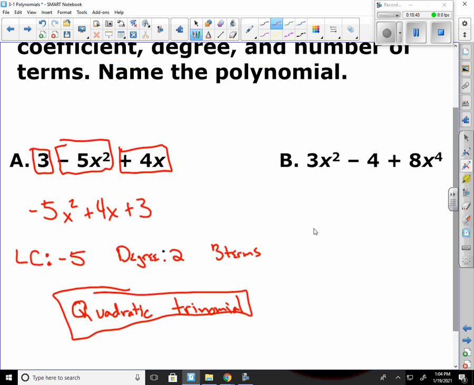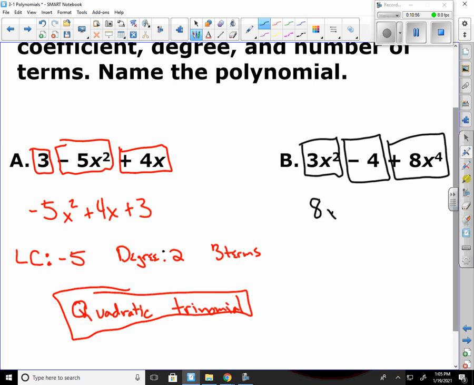For the second one, I can rearrange this one as well. 3x squared minus 4 plus 8x to the fourth tells me this is going to be 8x to the fourth, so that's my highest exponent, plus 3x squared minus 4.